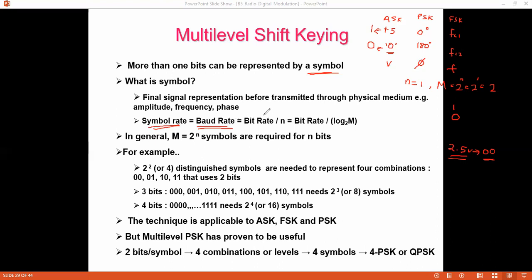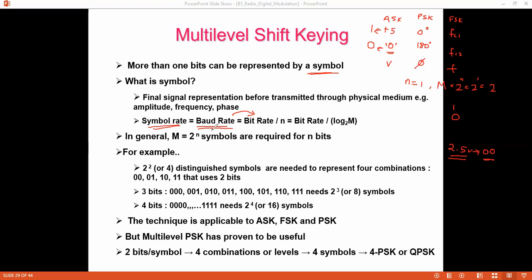Okay, and the relationship between bit rate and baud rate follows this equation, where baud rate is equal to bit rate divided by n, where n is the number of bits, equal to log 2 m. Okay, and for a certain number of n bits, m equal to 2 to the power of n symbols are required.